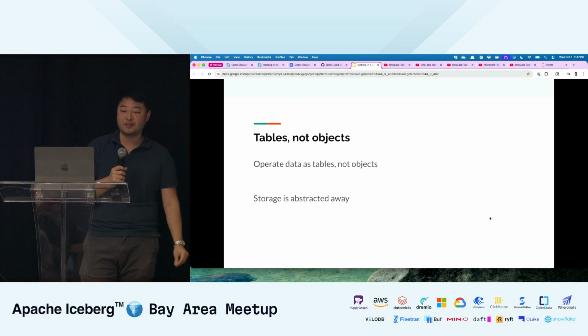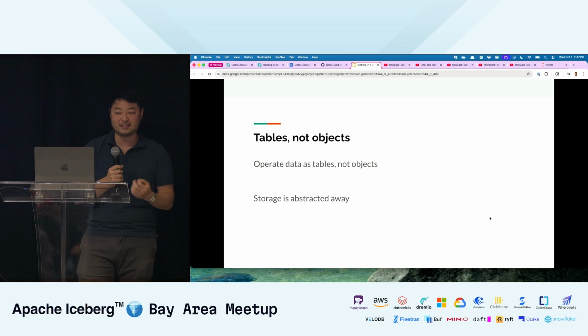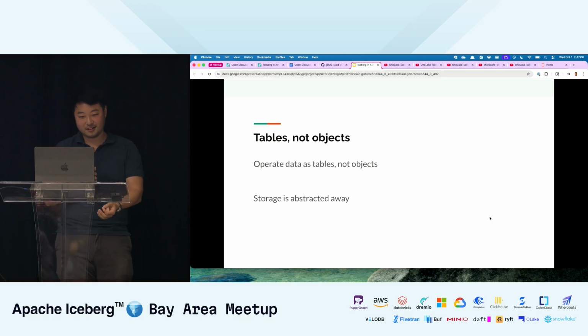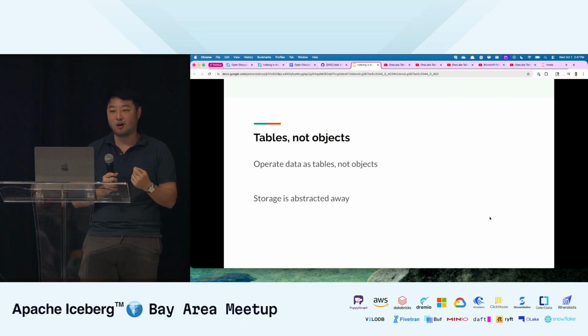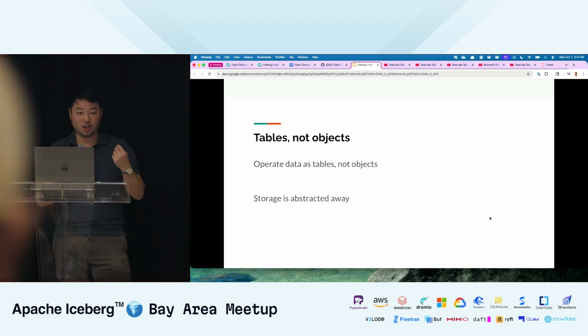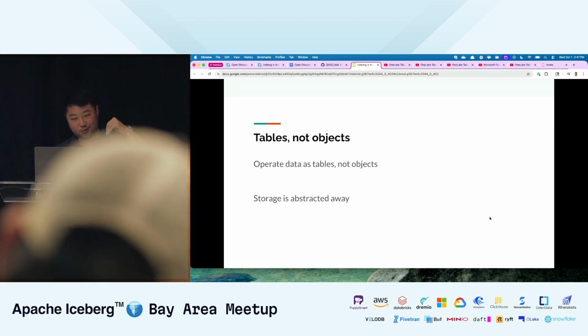Well, I will argue that instead of looking at a specific bucket, you just look at everything as tables, right? They're not objects in a bucket, they're just tables, right? Iceberg lets you abstract away where the storage is physically located, and you can just look at it from here's how I'm operating this table through my catalog.